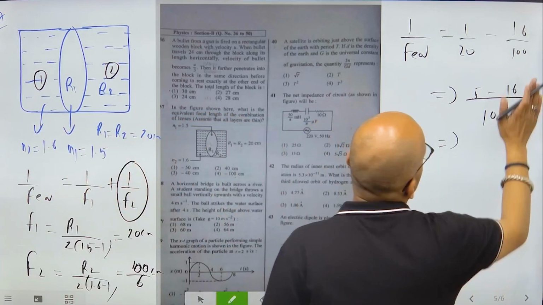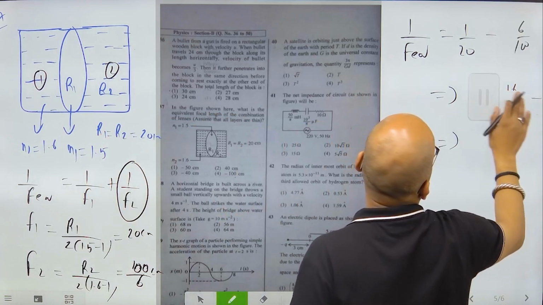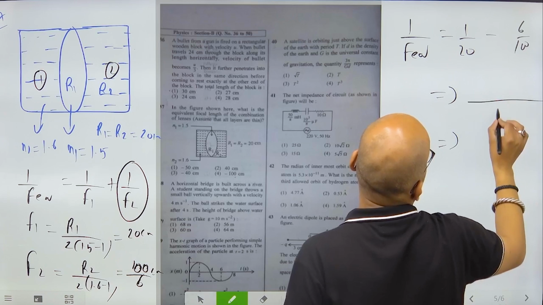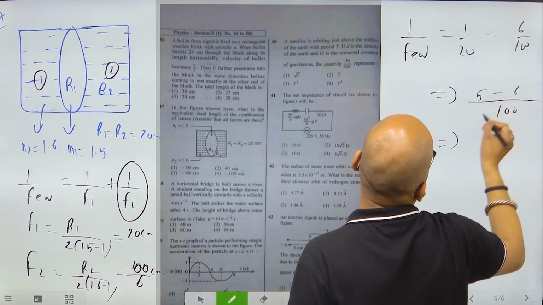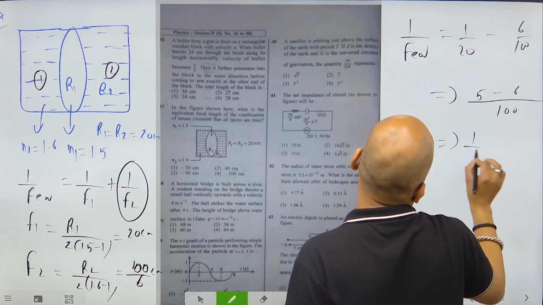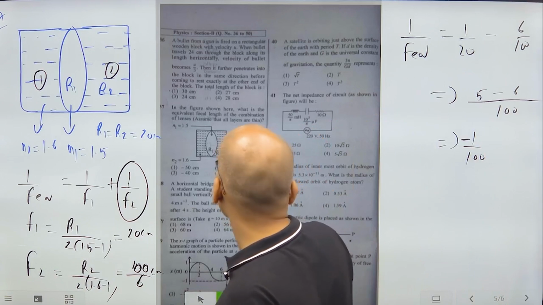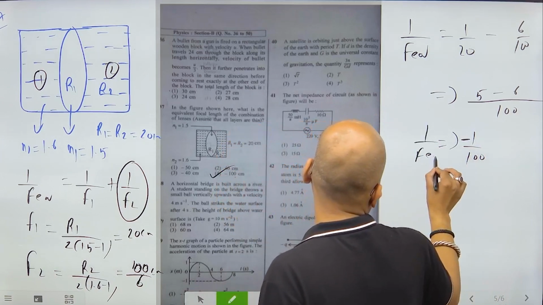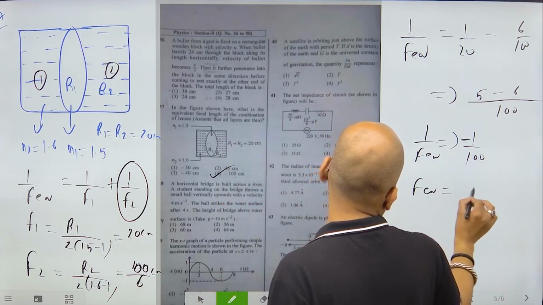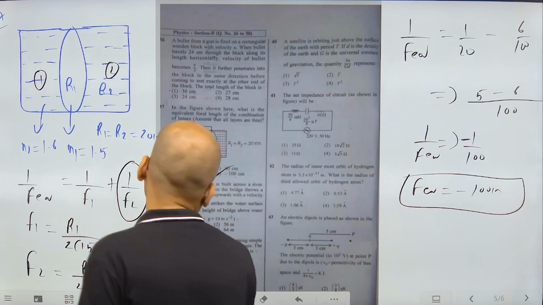Calculation error. 6 upon 100, 5, minus 1 upon 100, obviously. Minus is showing its concave nature. Answer minus 100 centimeter. Why? Because this is 1 upon f equivalent. F equivalent comes out as minus. Anyway.